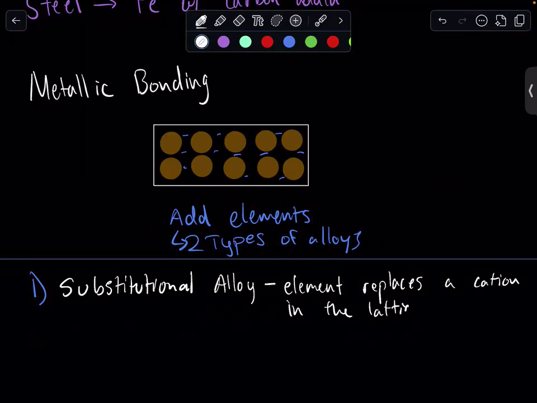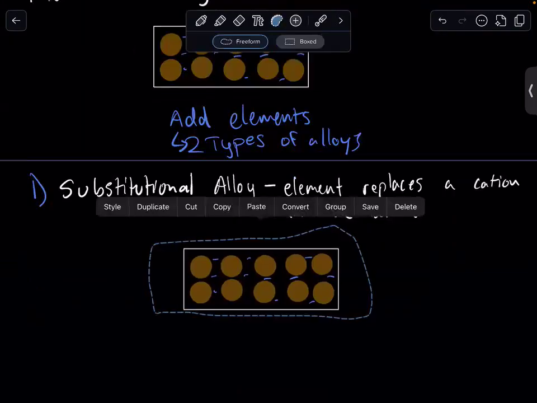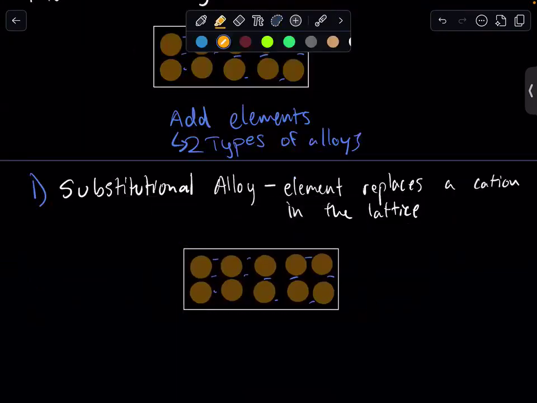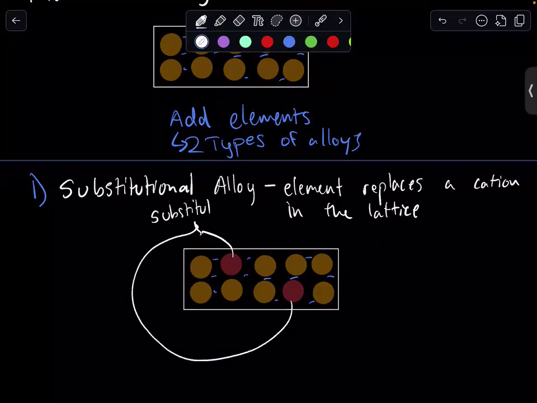And we can tell this usually happens with metals when you add metals because they are also positively charged. So in a substitutional alloy, what we're going to get is different atoms in here. So we'll have two different cations within the lattice. And so these are our substitutions. They fully replace one of the atoms within the lattice.